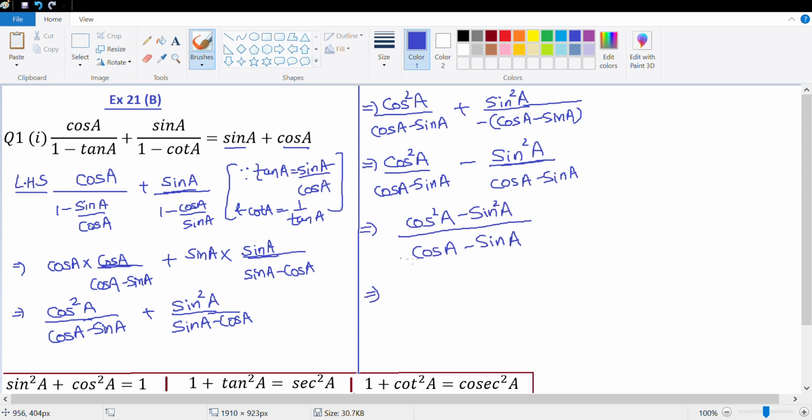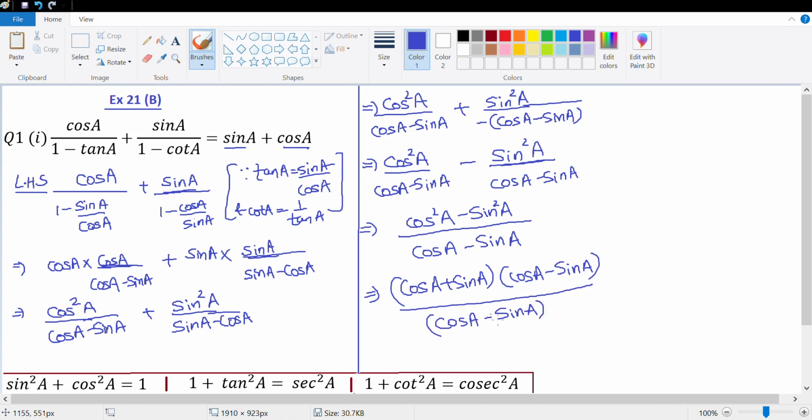The numerator is in the form of x square minus y square, which can be written in the form x plus y into x minus y. So this would become cos a plus sin a multiplied with cos a minus sin a, and in the denominator I have cos a minus sin a.